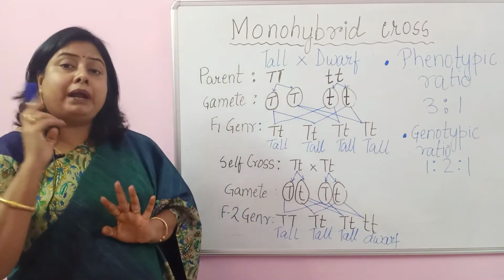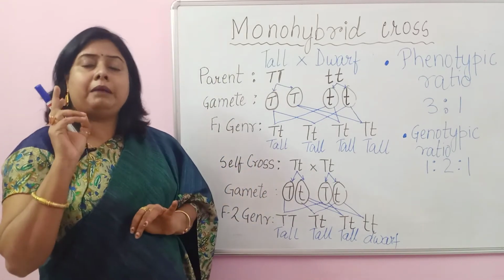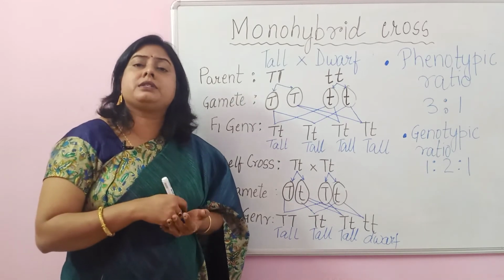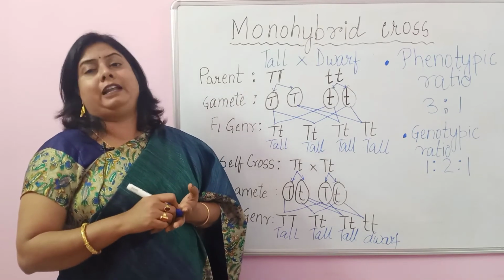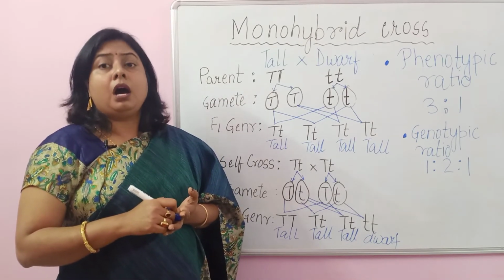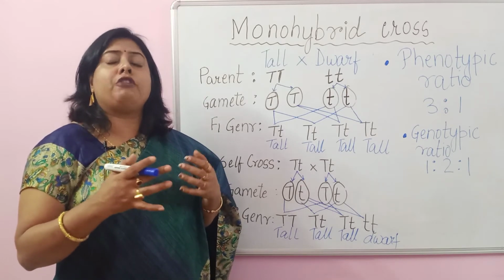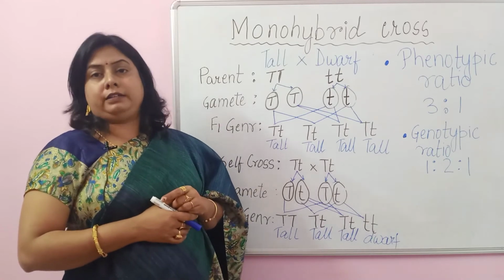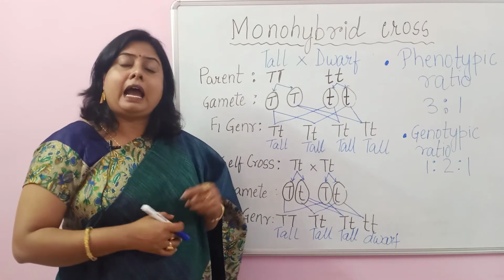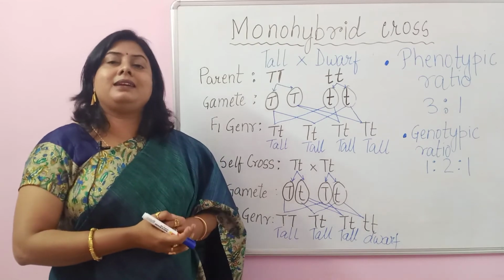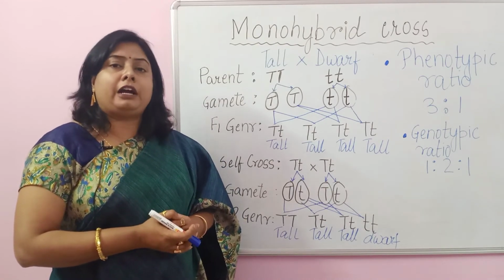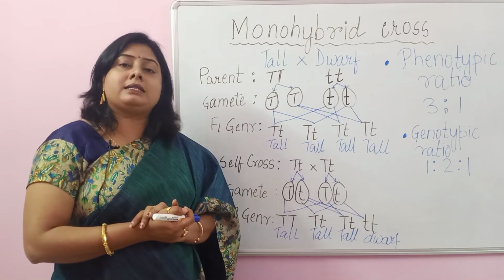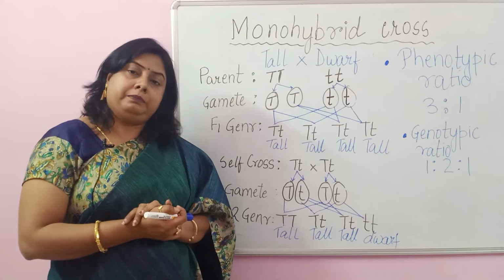So what Mendel said, I am coming again onto that. Mendel said that each character is controlled by a pair of alleles. Out of a pair of contrasting characters, one of the alleles or factors is dominant and it always expresses itself. The other factor remains suppressed, and that is known as the recessive factor.